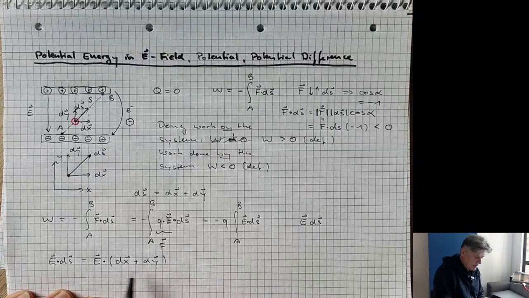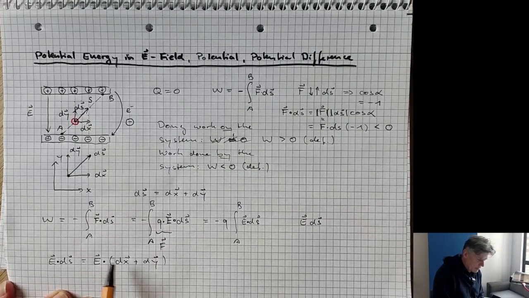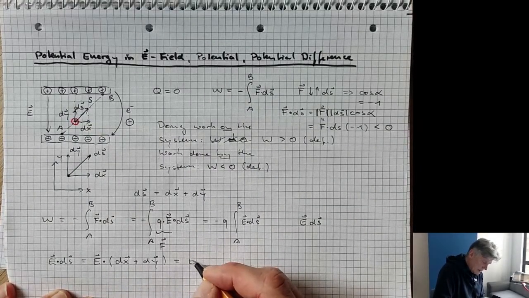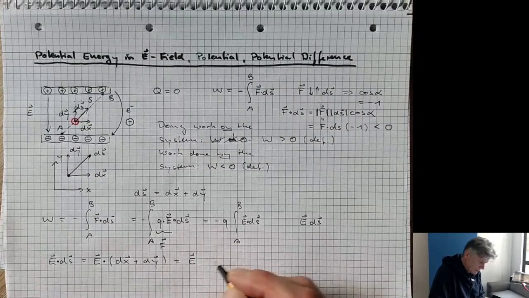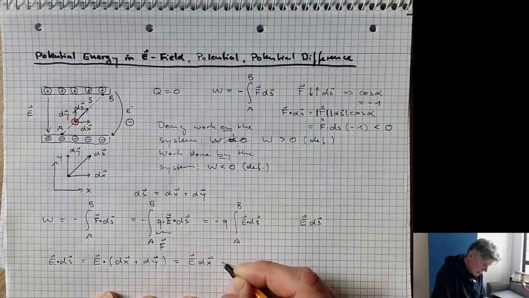And you see that this is an associative law, in fact a distributive law for scalar products. And so that can now be factorized, or it can be multiplied out in this way.